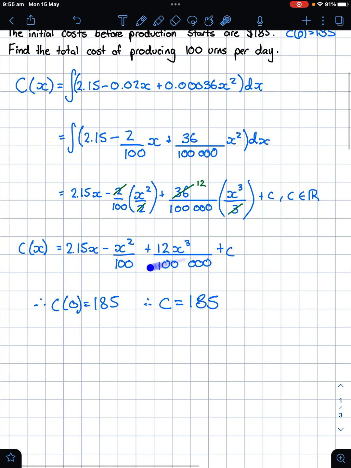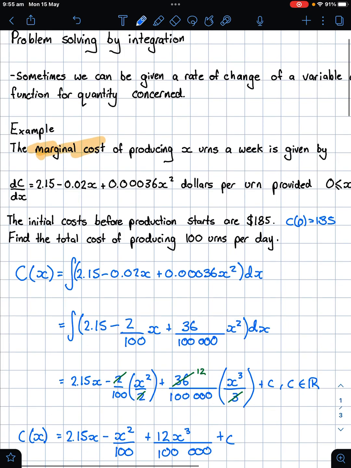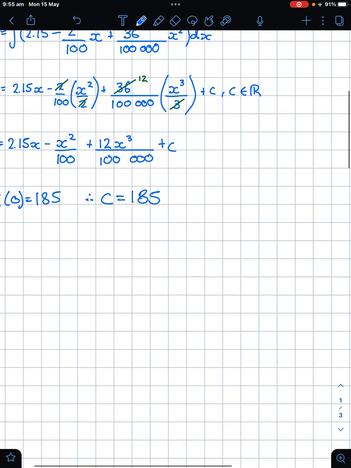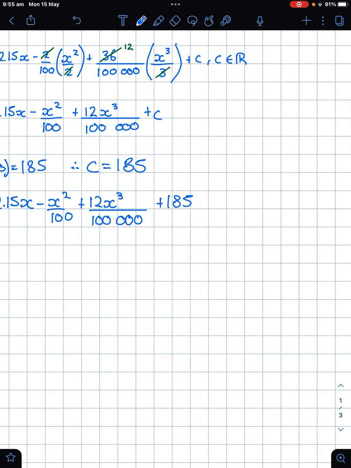If I now put this function in y2 and then dy dx in, so if I put this function here in y1, I put this function here, now I know it, C of x equals 2.15x minus x squared over 100 plus 12x cubed over 100,000 plus 185.